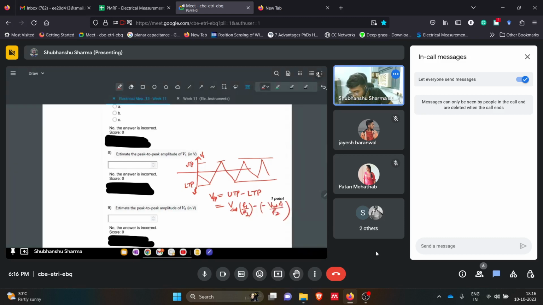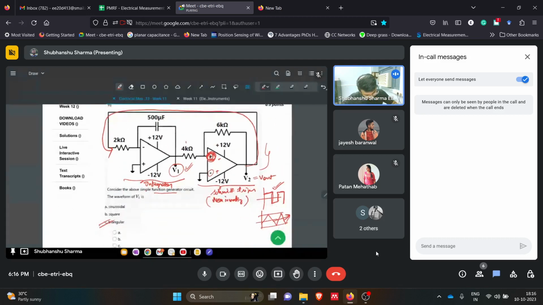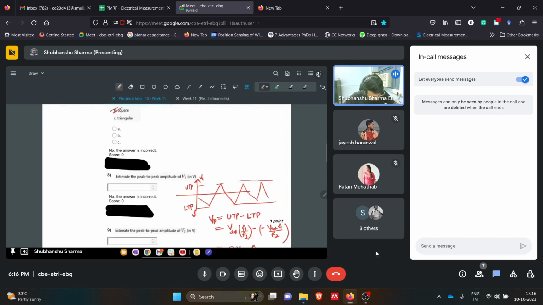Let me check. Yeah, this is the thing. So we will have 2 times V saturation R1 by R2. R1 is, I think, this one, R2 is this one. Okay, so then simply you can solve this.